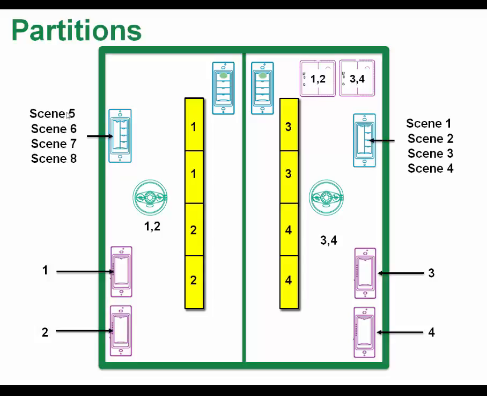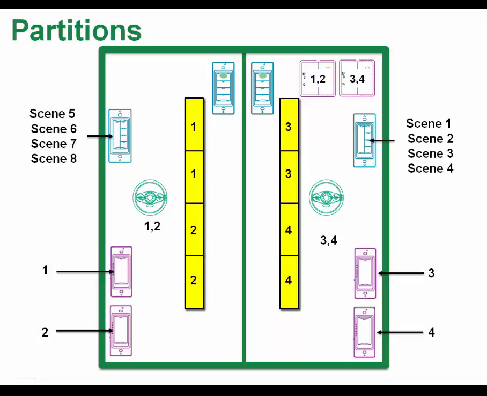That's simply because we don't want scenes on this space to be driving loads on this half of the room. It's a single IRB, so we still only have 16 scenes, but the partition allows us to toggle the bindings of each of these scenes.